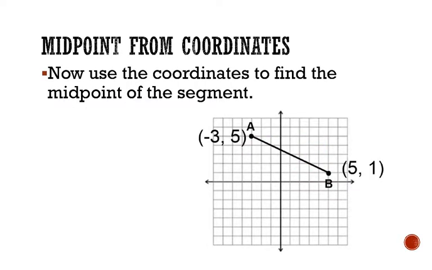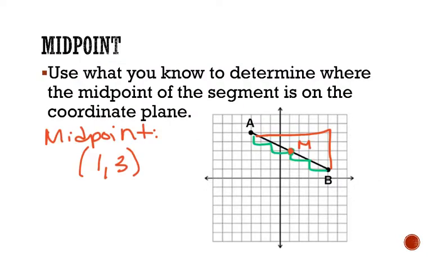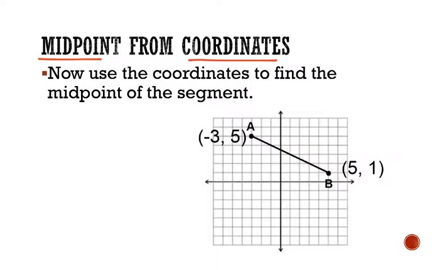So in order to get the midpoint from coordinates, let's say that we're using this same idea. We know the answer is going to be 1, 3. If we use coordinates, we're going to have a formula that we can discover.